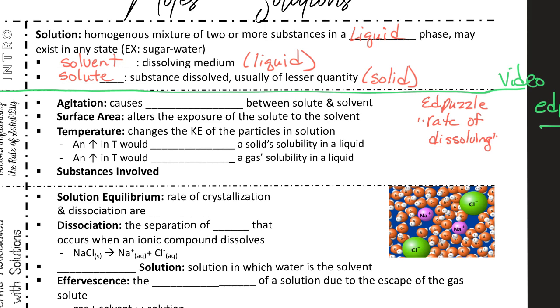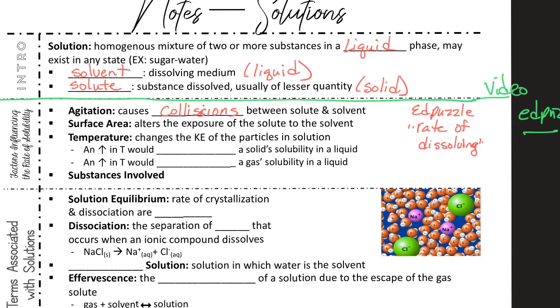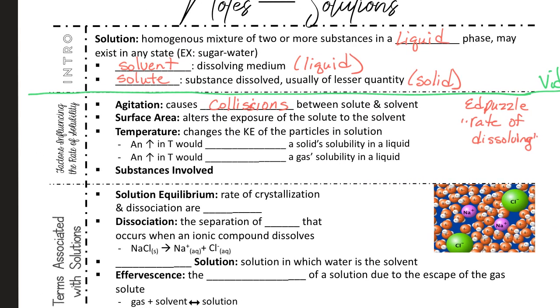All right, so agitation causes collisions between the solute and the solvent particles. You can increase the rate that something dissolves by changing the surface area. The more surface area, the faster it's going to dissolve. If you increase the temperature, remember kinetic energy is temperature.